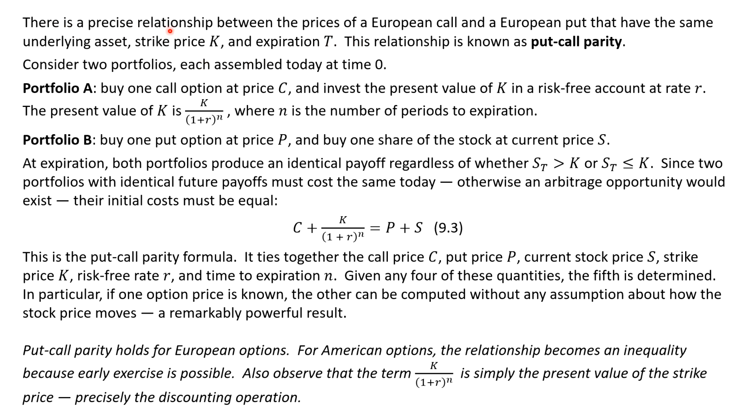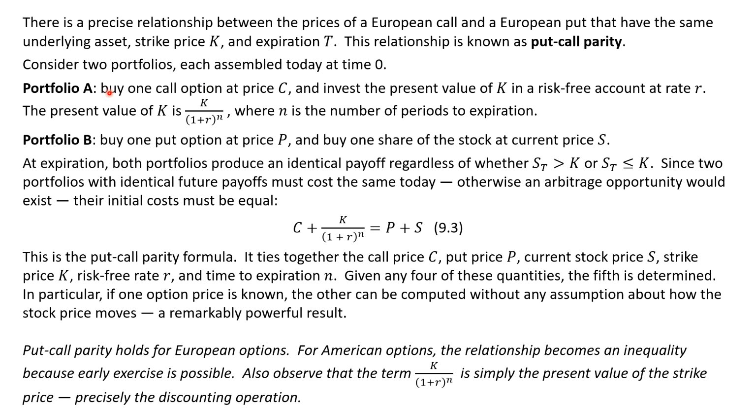There is a precise relationship between the prices of a European style call and a European style put that have the same underlying asset, strike price, and expiration time, T. This relationship is known as the put-call parity. And the way we develop this is we look at two different portfolios, each assembled today at time zero.